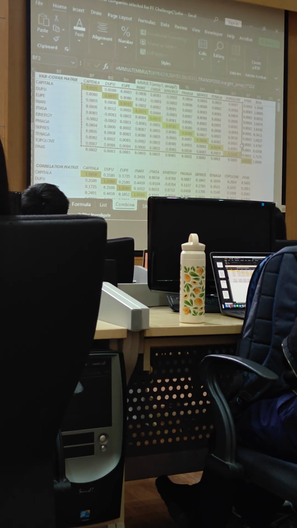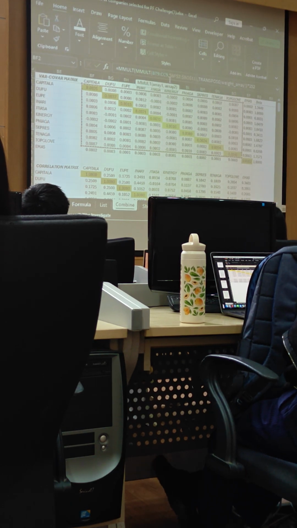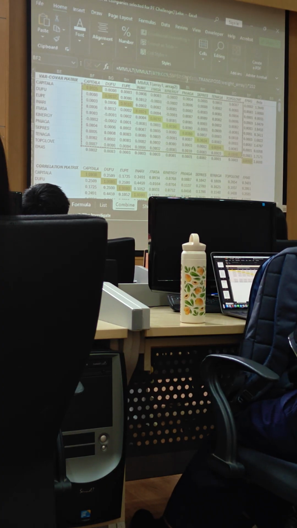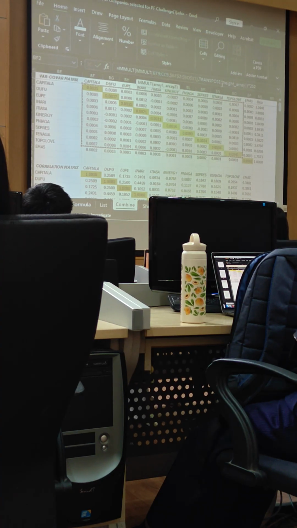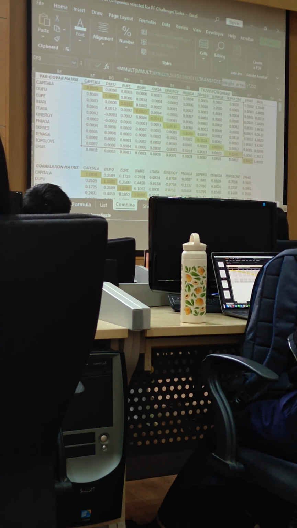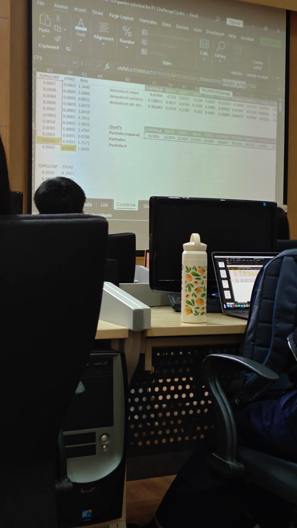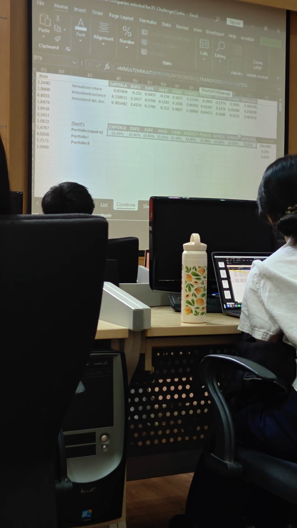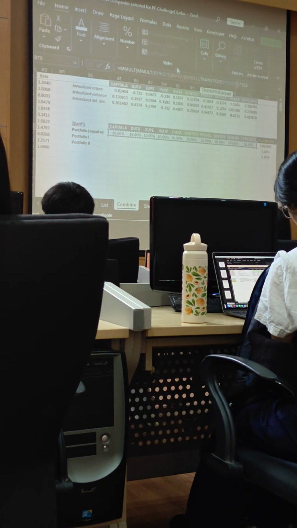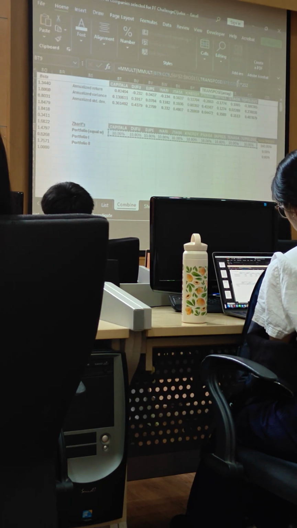So tekan F4. You need to put dollar sign dekat sini ya. You need to put the dollar sign here. And then next is comma transpose. Transpose weight array. So weight array, go back to the weight. Alright? Highlight it again. Same thing here. So weight, covariance matrix, weight.